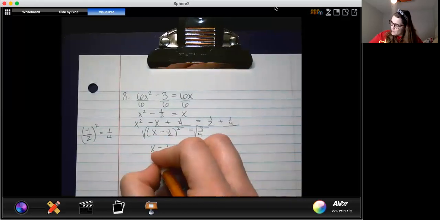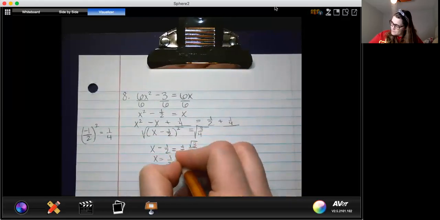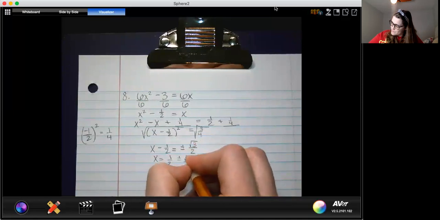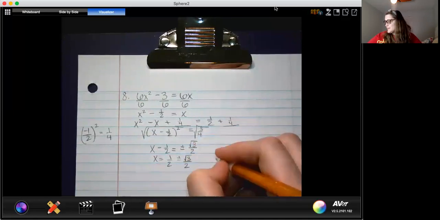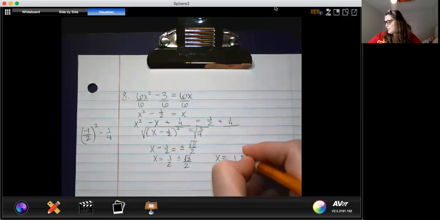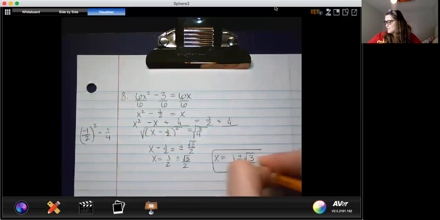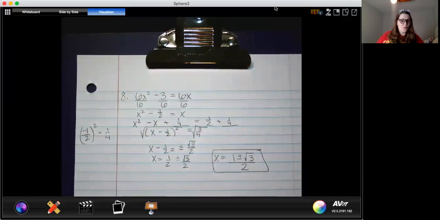Add my 1/2 over, and combine to be 1 plus or minus the square root of 3 divided by 2. So hopefully that one went well for you.